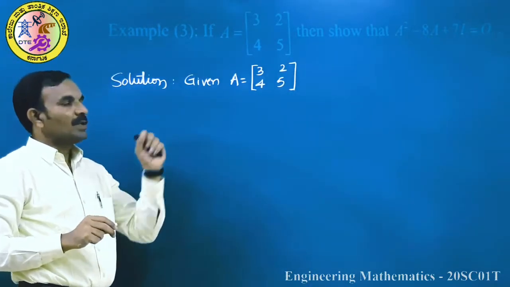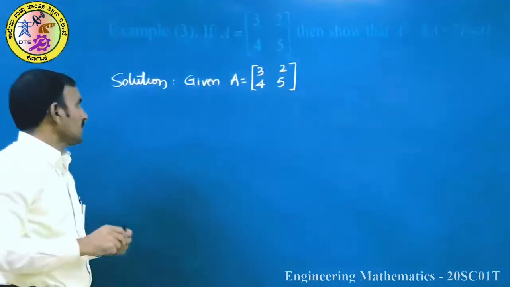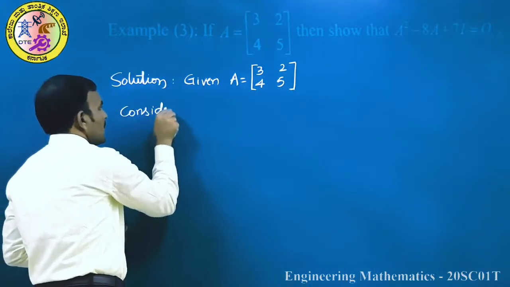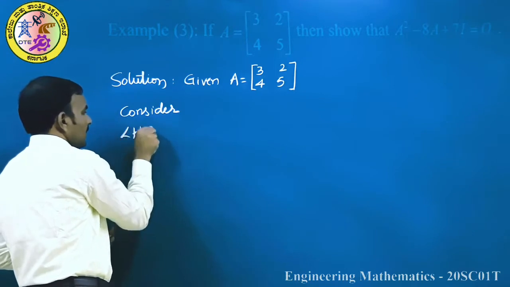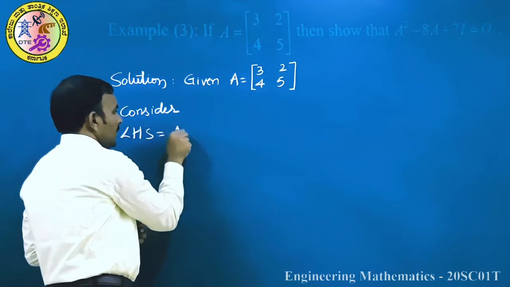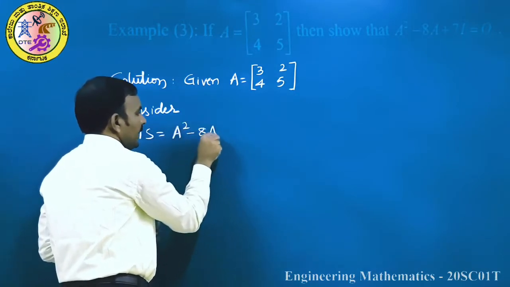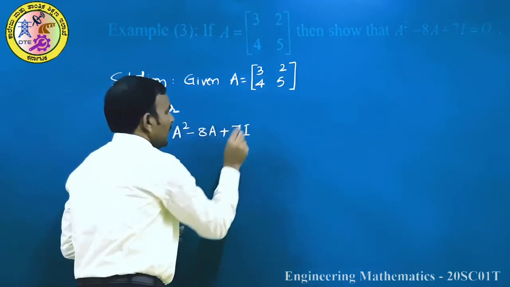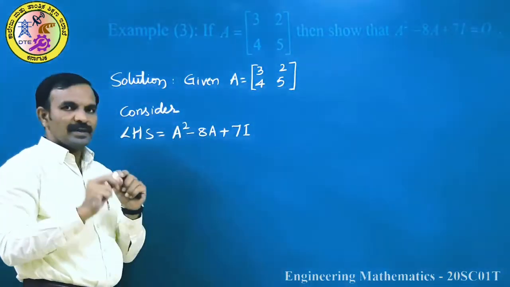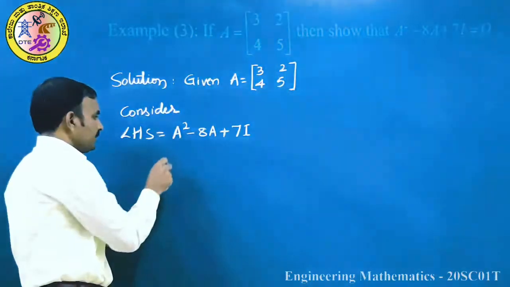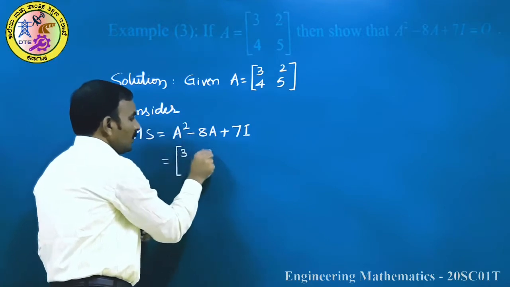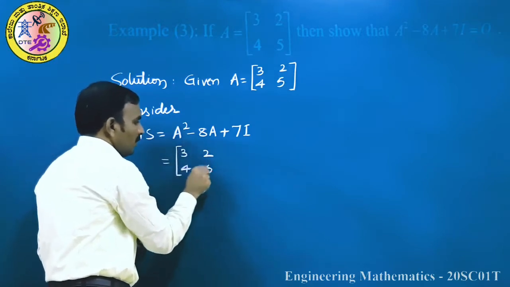Now I am going to start by taking the LHS. Consider LHS is equal to A square minus 8A plus 7I. What is A square? A into A. What is the A value? A is [3 2; 4 5].